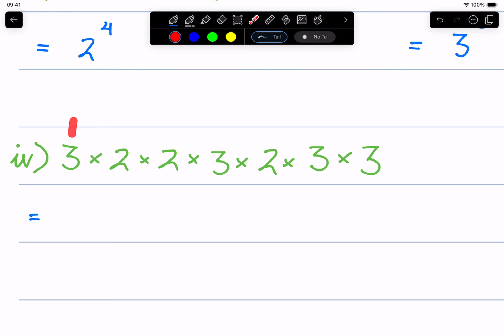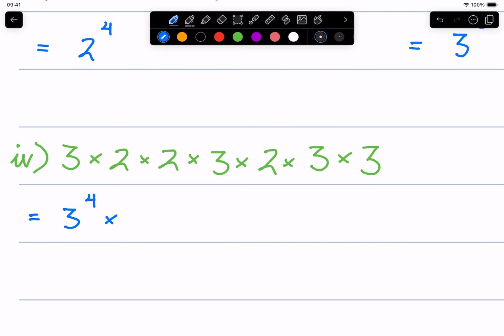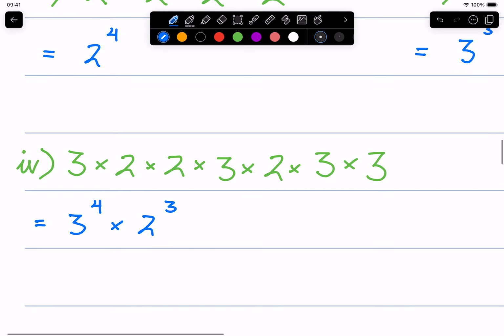So that's 1, 2, 3, 4. So this is going to be 3 to the power of 4 times, in this case again, we can count just the 2's. There are 3 multiplications of 2. So this becomes 2 to the power of 3. And there we have it.